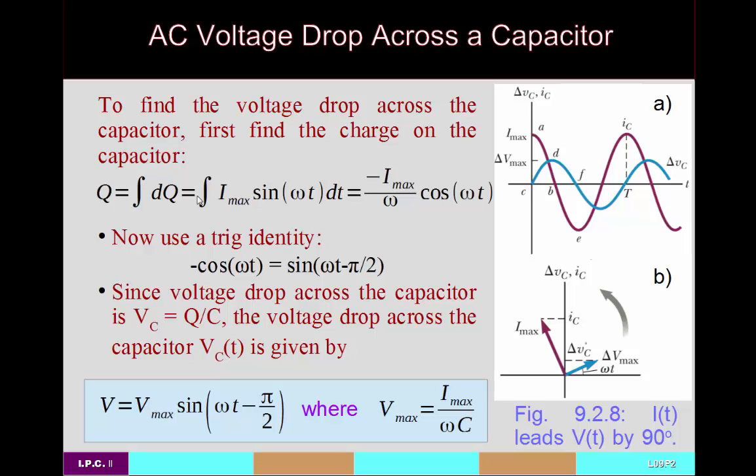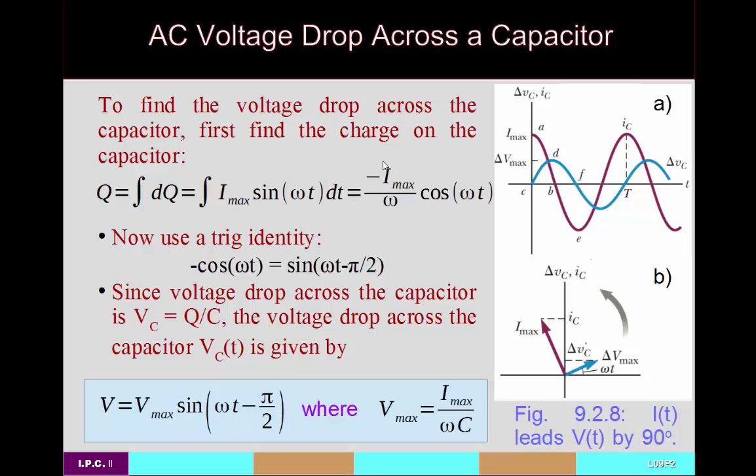And so you can integrate both sides of that. You get q as the integral of dq, which is the integral of the current times dt. Since the current has this form, I max sine omega t, basically you're taking an integral of sine of omega t with respect to t. And so of course you will get a negative cosine of omega t divided by omega.